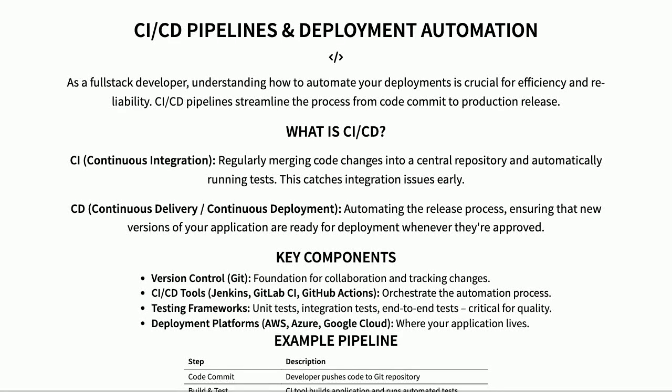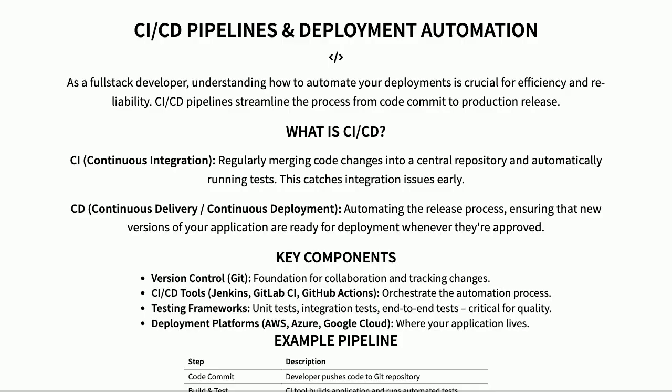Let's talk about CI/CD. It's all about making the development process smoother and more reliable. Basically, continuous integration means we're constantly merging our code changes into a central spot and automatically running tests to catch any problems early on. Then, continuous delivery or deployment is about automating that release process, so when something new is ready, it's just waiting for approval and can be deployed quickly.